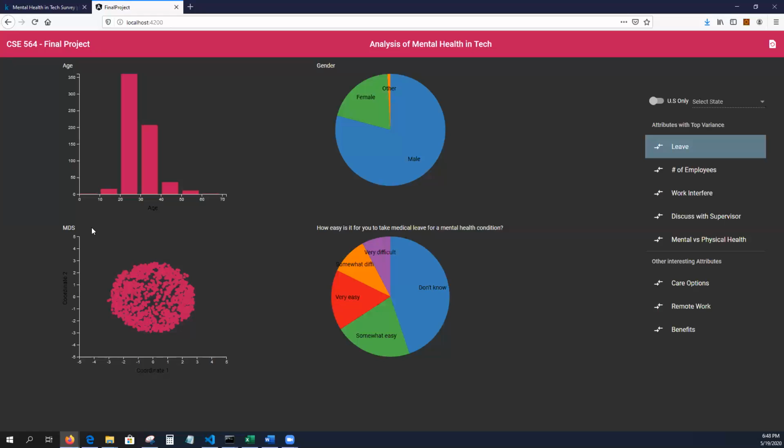So let's start with the age group. As you can see, a lot of people between their 20s to 30s are the ones who are affected the most, and that goes on reducing as you grow older. This is again specifically for people who are working in the tech industry, and depends on how much work pressure they have, how their work environment is, and how much it affects.